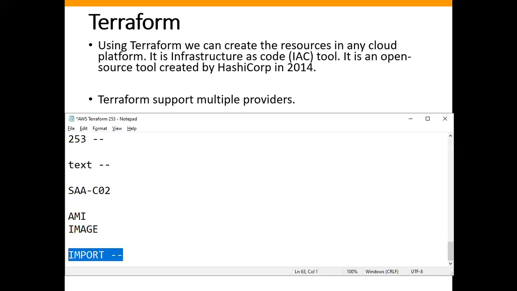For existing resources, if you want to import, in Azure we have a command called Terraform import. We will see it in an upcoming session. I'm going to show you one example with it. Like Terraform plan, in the same way we have a Terraform import command also. We will practically see it in an upcoming session. Okay, thanks.